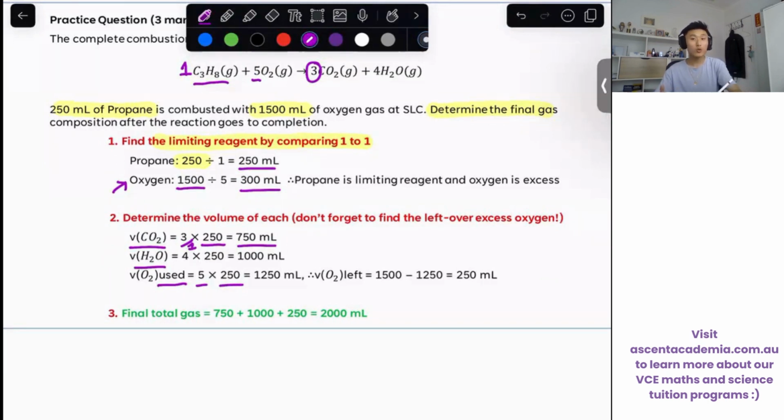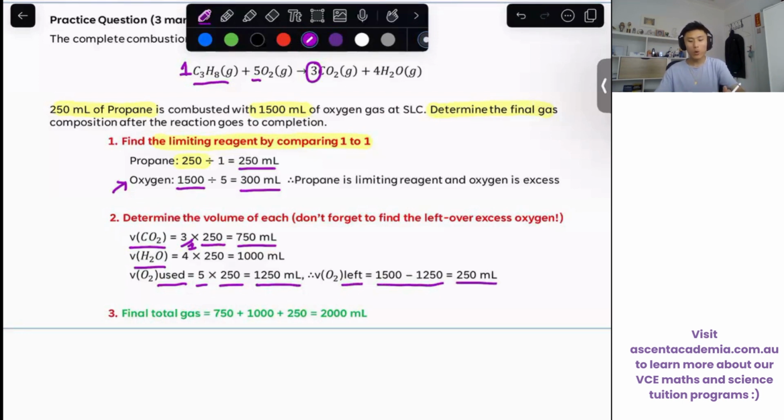So 5 times 250 gives you 1,250. So basically what this is saying is we are going to be using up 1,250 milliliters of oxygen gas in this combustion reaction. Therefore, the leftover oxygen gas is going to be the subtraction of the initial and the final. So I have 250 milliliters leftover oxygen gas.